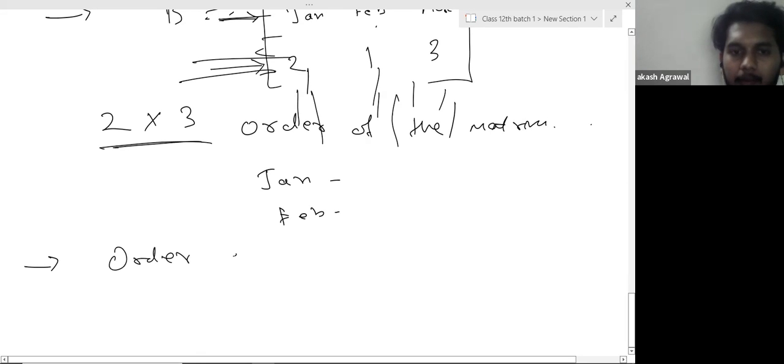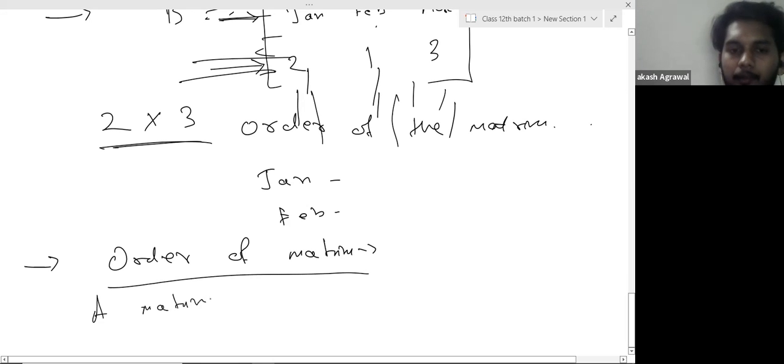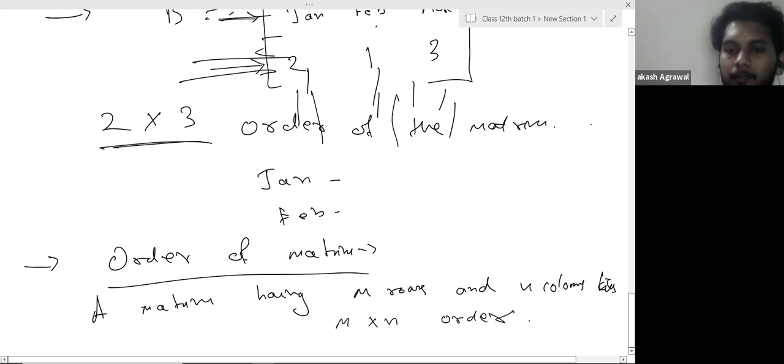Order of matrix: a matrix having m rows and n columns is of m by n order.